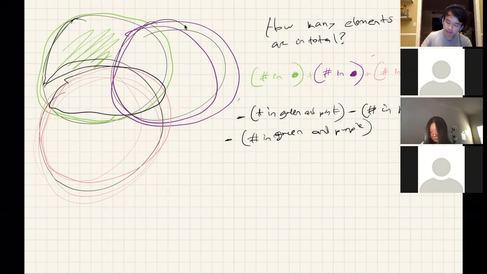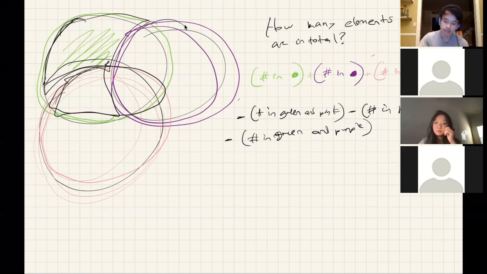Now everything that's only in one circle is counted exactly once, and everything that's in exactly two circles is also counted exactly once. It's counted once for each circle that it's in, then we subtract one of these copies when we subtract the pairwise intersections.